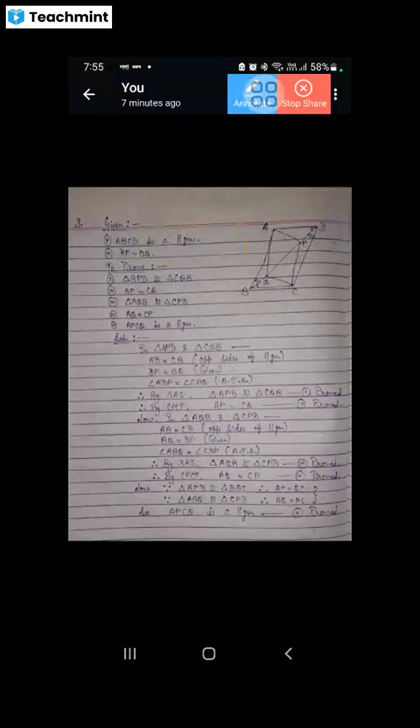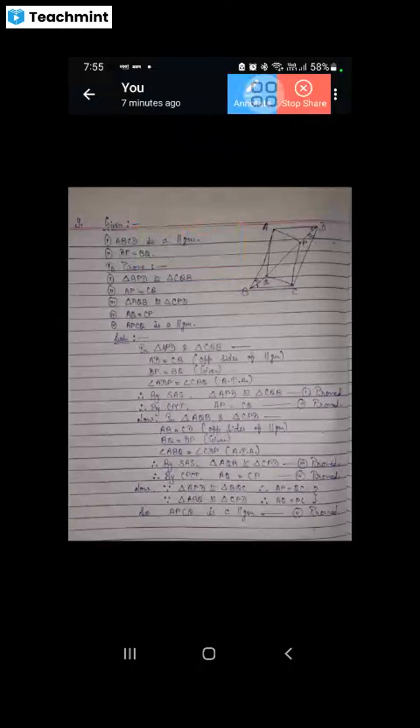So first of all, you have to mention the question in a short way. So for that, you have to mention what is given. You have seen in both the questions I have mentioned what is given. Simply ABCD parallelogram, DP is equal to BQ. These two things are mainly given in the question. Okay, so I have mentioned. So next, what we are given to prove, whatever 3, 4, 5 things are there that I have written.